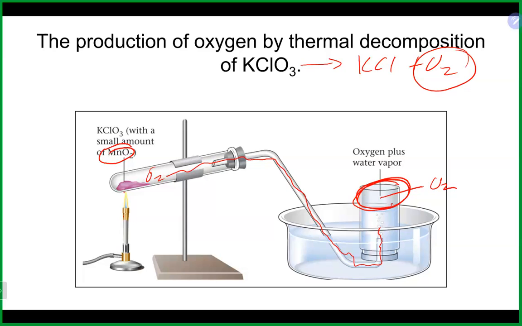But because in this experiment we are collecting the gas in water, and we get a little bit of heat from the experiment, heat in water also produces water vapor or water gas. So we actually get a mixture of two gases in that empty space. One is the gas we're actually interested in in this example, oxygen.